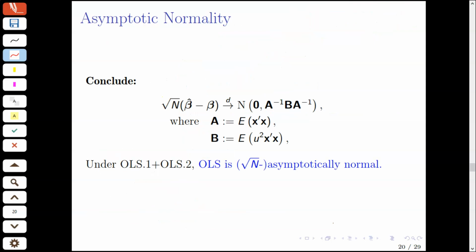All right, so what have we done? All in all, we've shown the following.